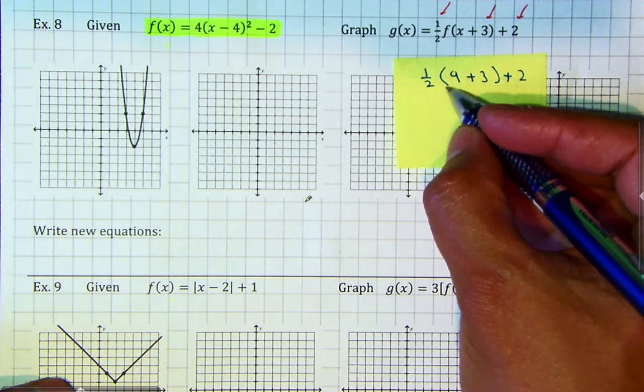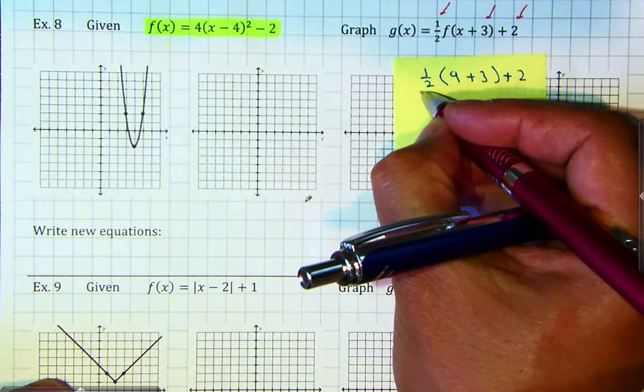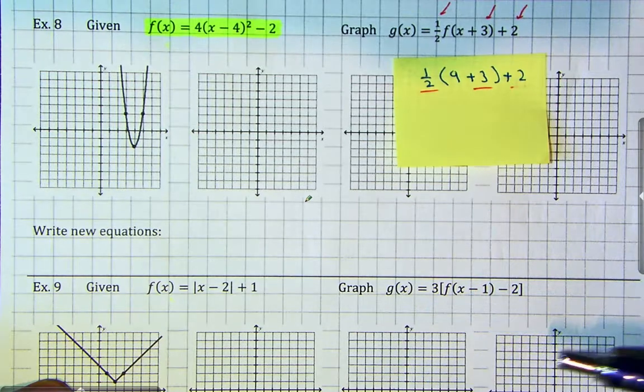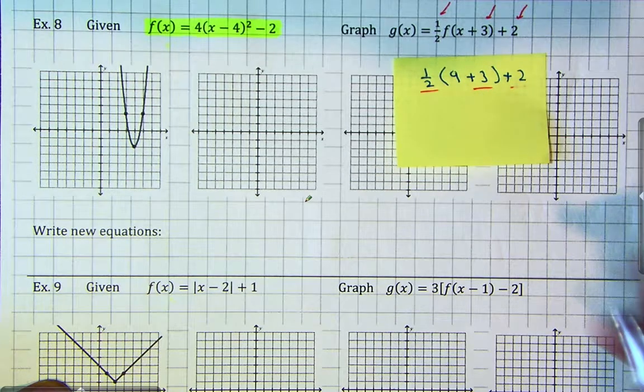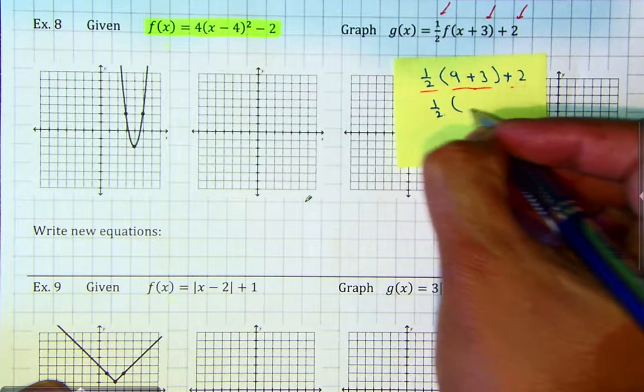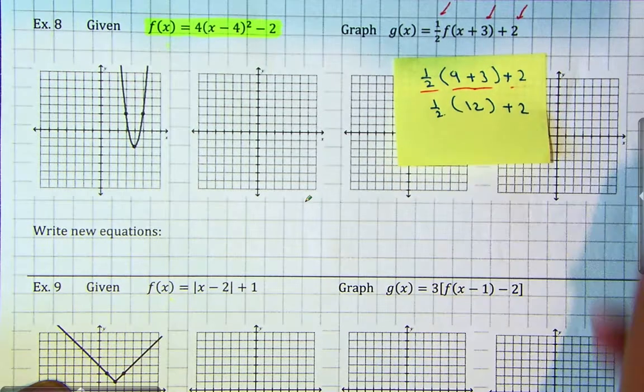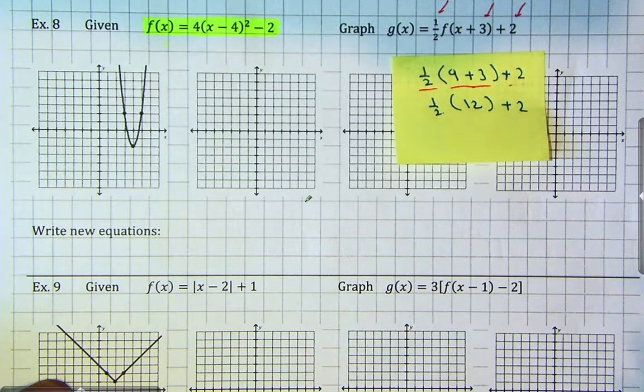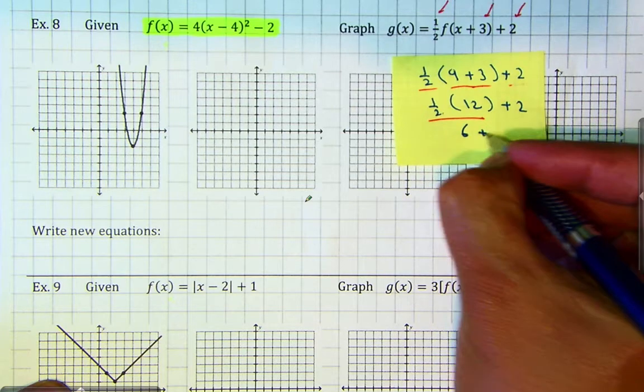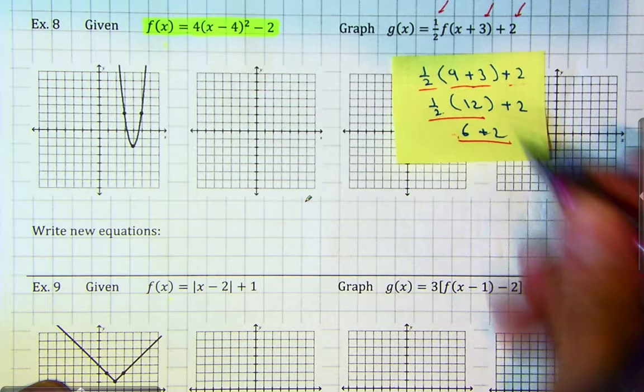The 1/2, the 3, or the 2? So we should add first, correct? We should do the add and then the 1/2. And then what should be next? Correct, the division or the multiplication gives me 6 plus 2. And then last, we're going to add the 2, so it gives us 8.